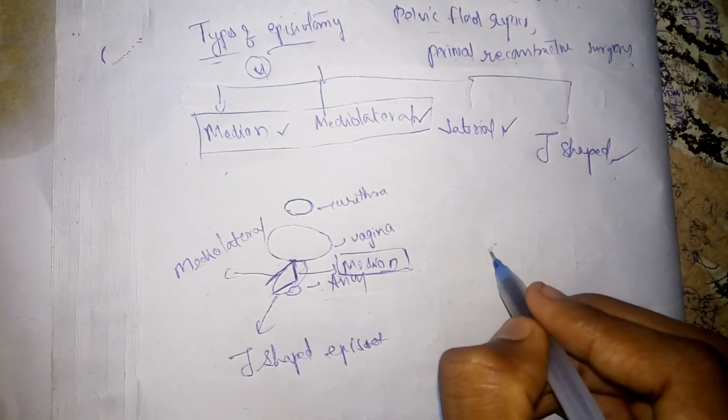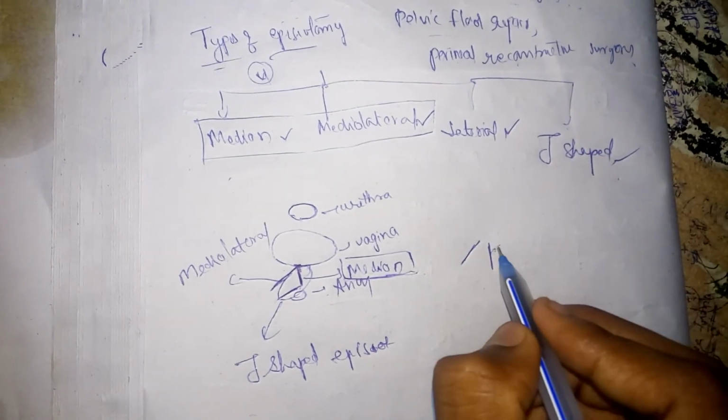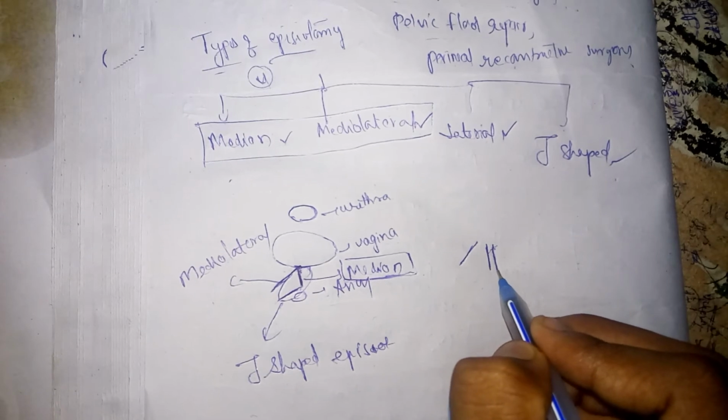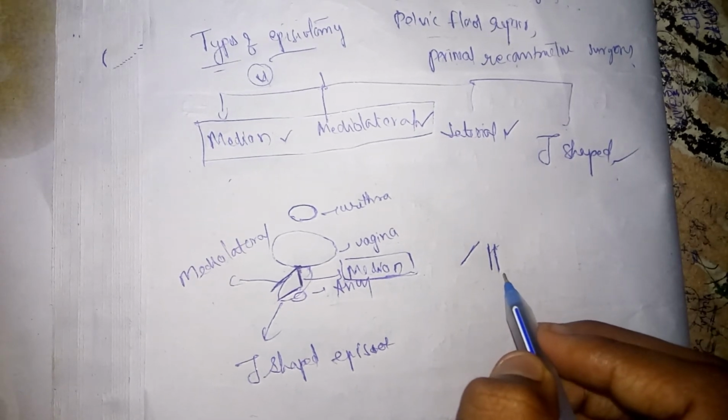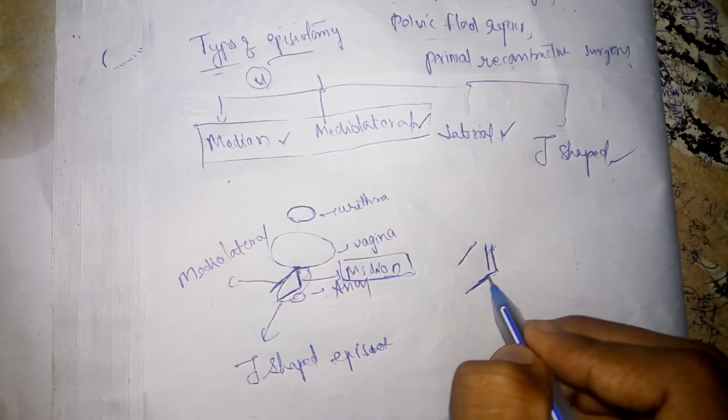So this is median, this is mediolateral. In J-shaped, we come downwards, and as we approach the anus, we change the direction downwards and lateral like this.